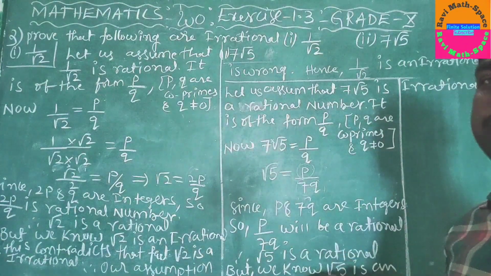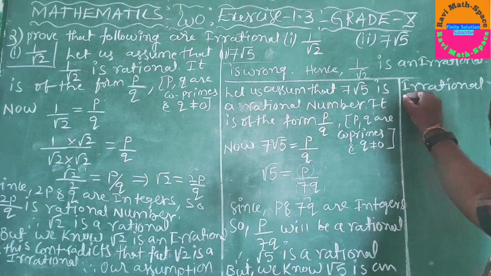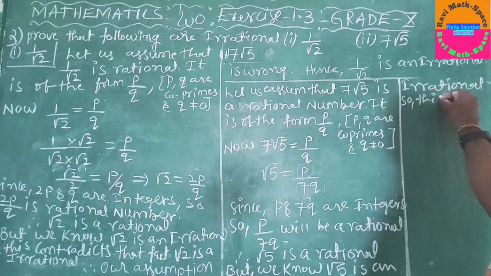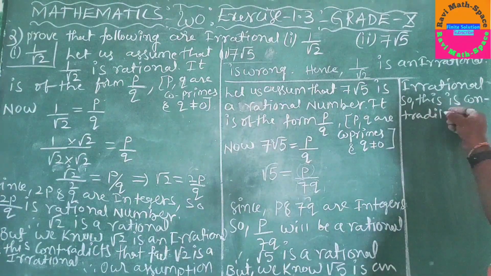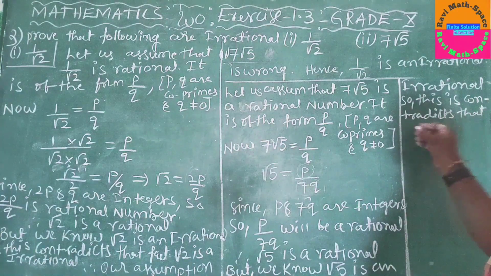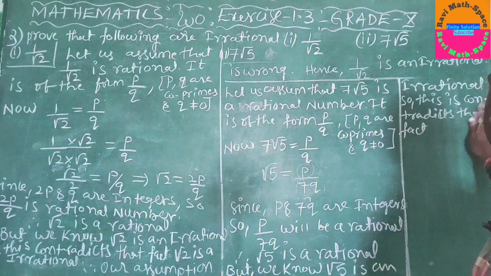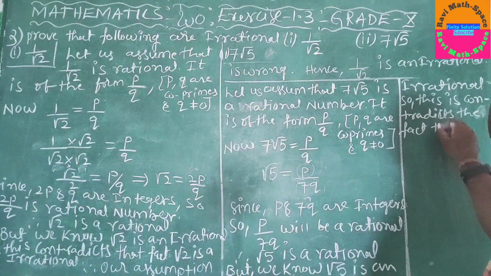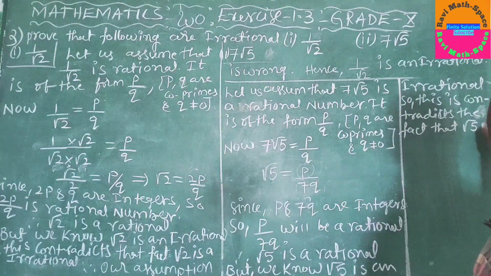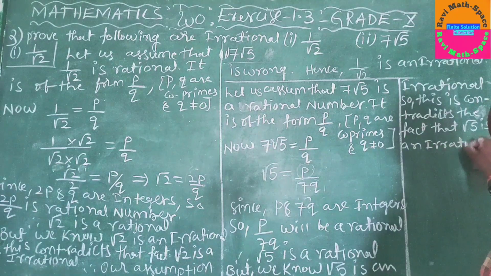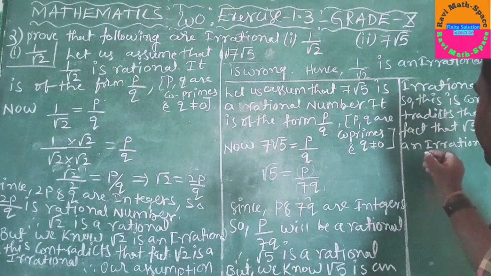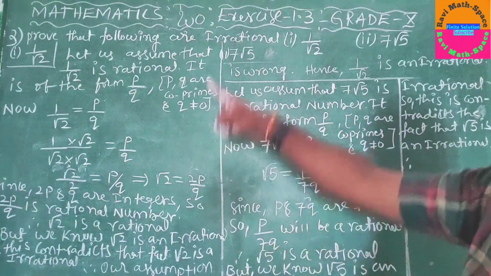So here is a contradiction. This contradicts the fact that root 5 is irrational. Therefore, what is our assumption?